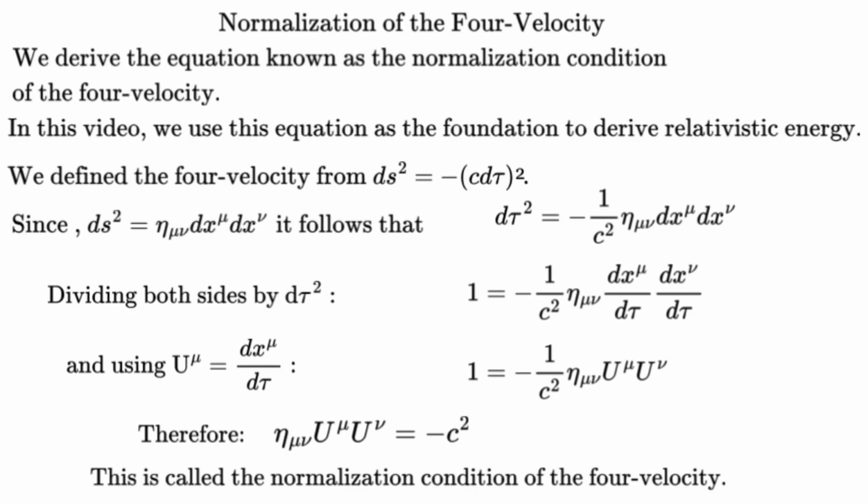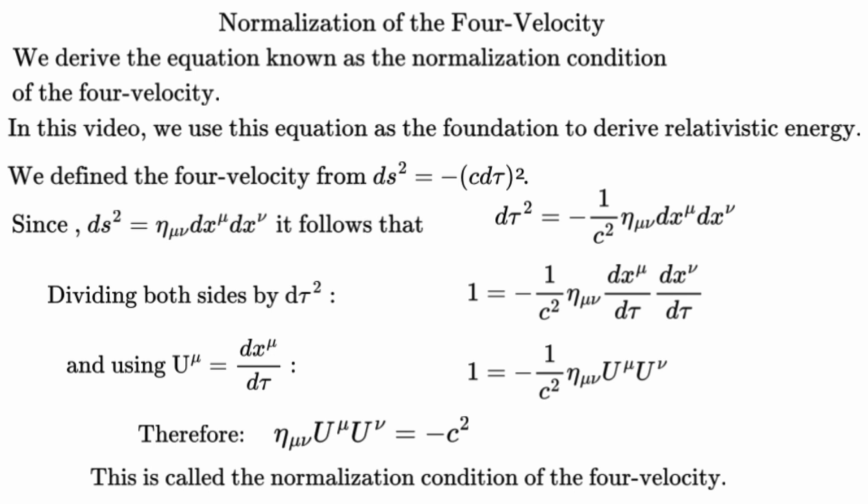Normalization of the velocity. We derive the equation known as the normalization condition of the velocity. In this video, we use this equation as the foundation to derive relativistic energy. We define the velocity from ds² equals minus c dτ squared.